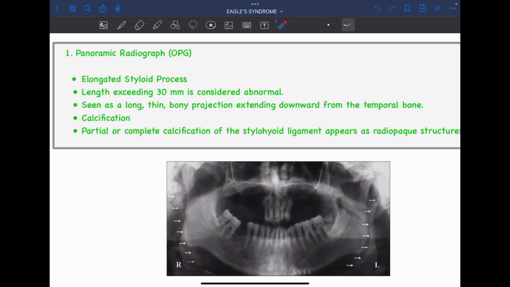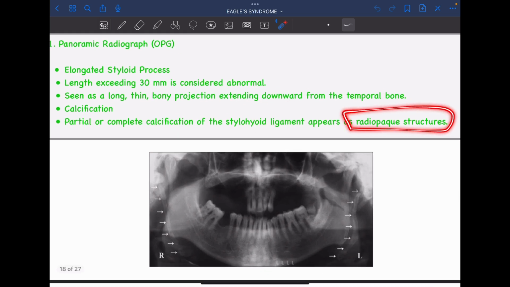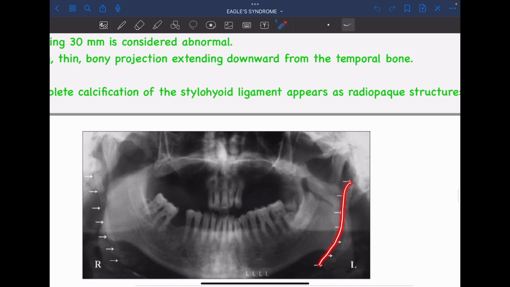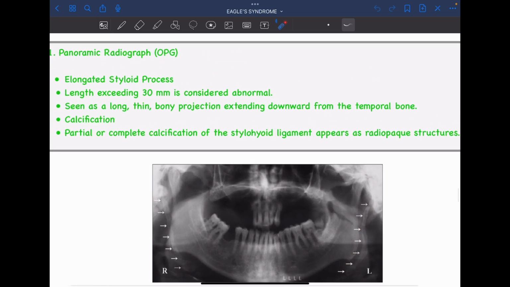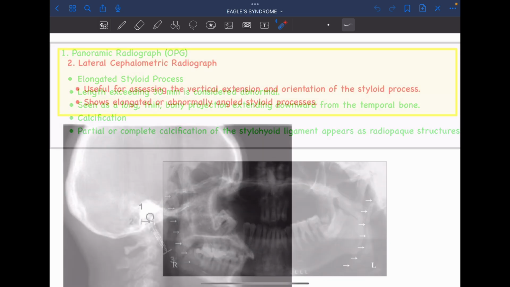Then calcification might also be present, and calcification of the stylohyoid ligament is also very common. Then partial or complete calcification, again the same thing. It appears as a radio-opaque structure. You can appreciate it here. And calcification obviously will appear radio-opaque on the panoramic radiograph.